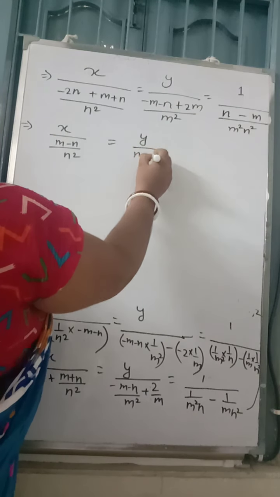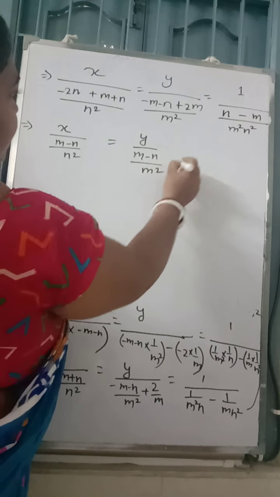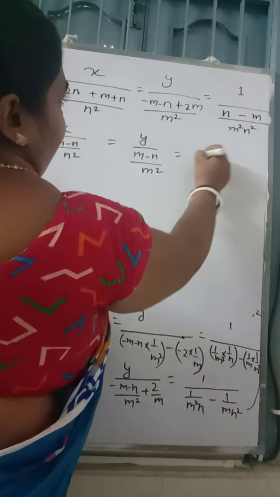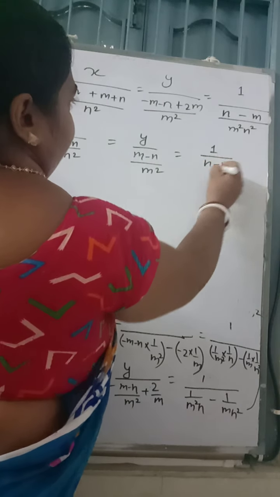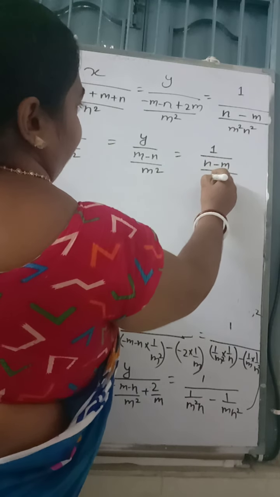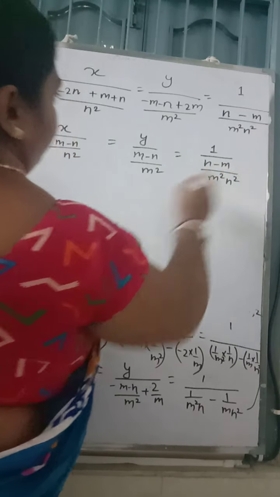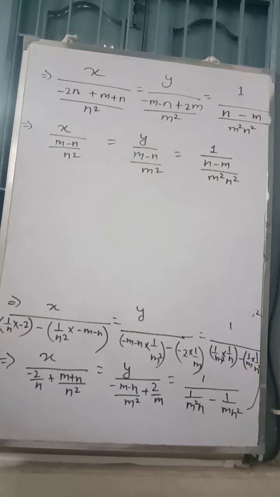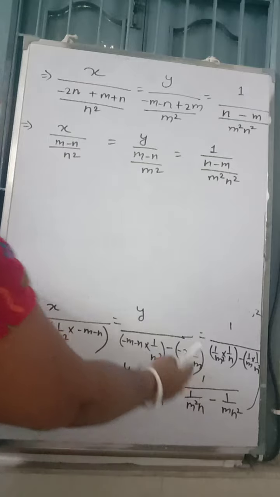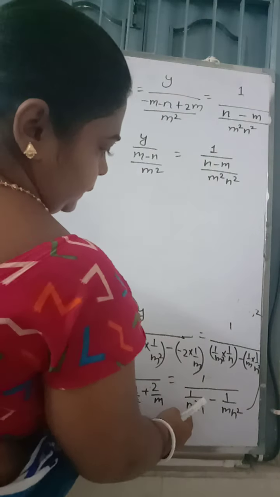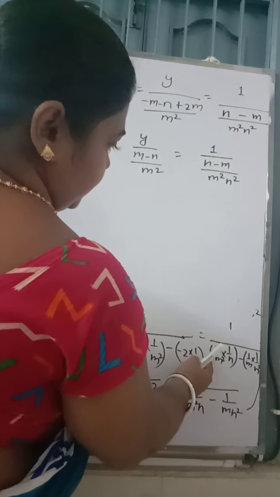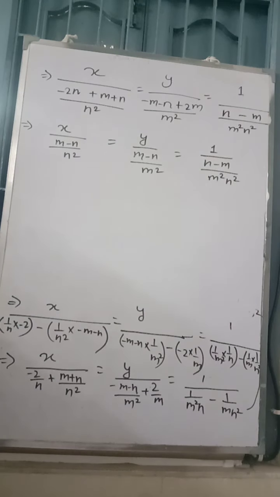So m minus n by m square is equal to 1 by n minus m by m square n square. Now here it is m square. This is m square n.